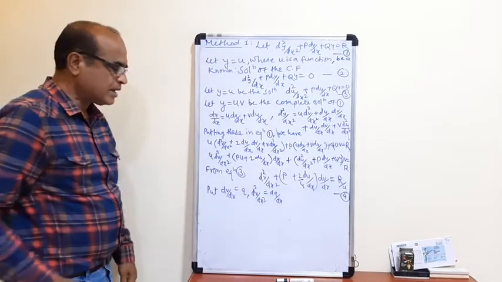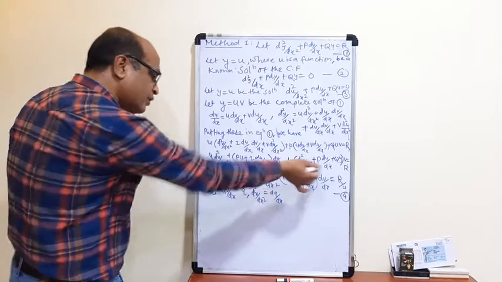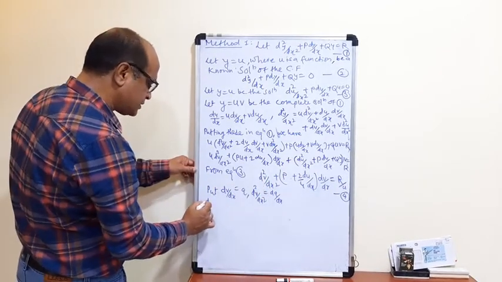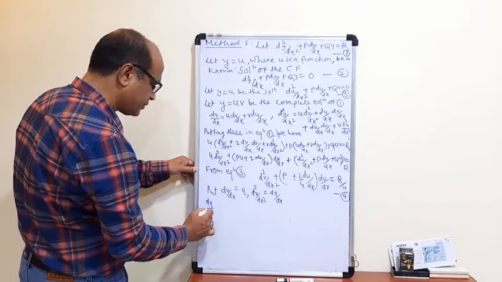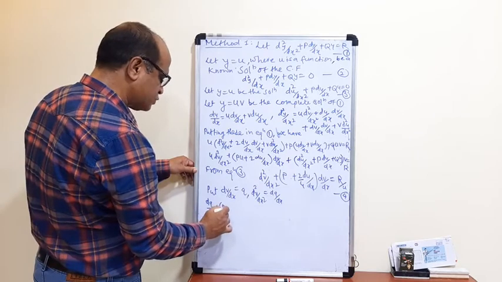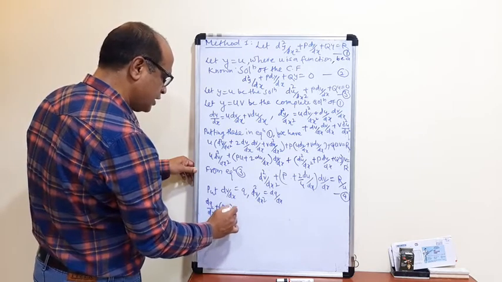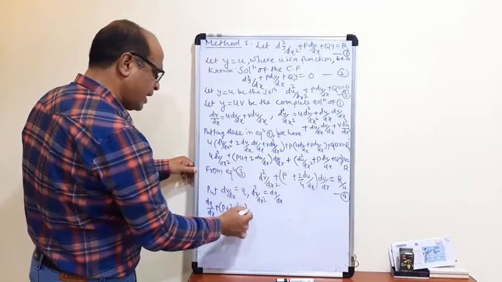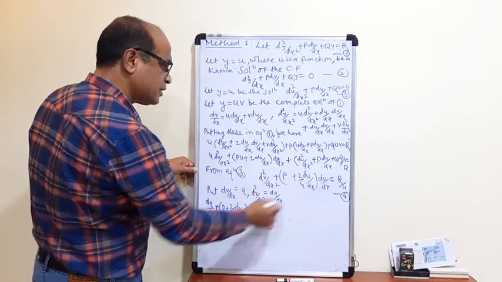Putting this value in this equation, dq by dx plus, as it is, p plus 2 upon u du by dx, where dv by dx is q, equal to r upon u.